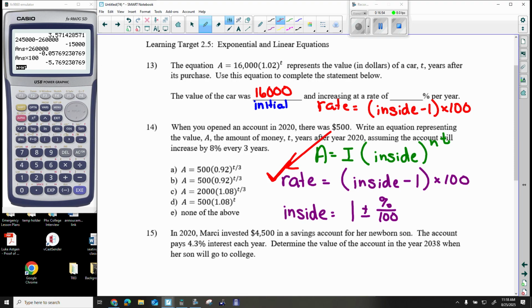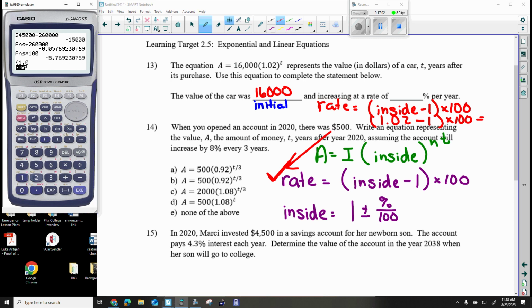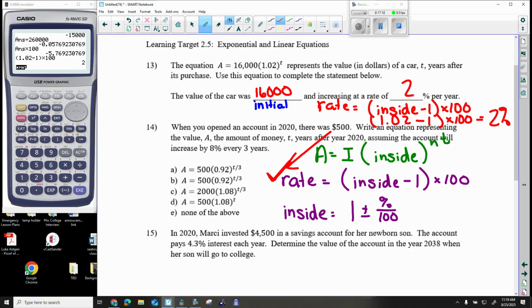So I am going to take 1.02 minus 1 times 100, and that will be a 2% increase. Easy as that. Follow the formula.